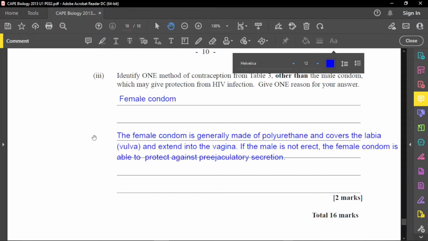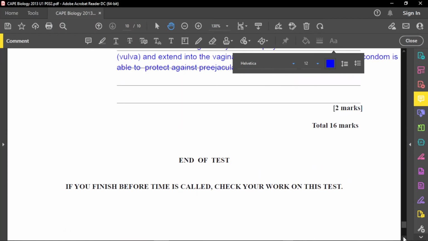With the female condom, whether the penis is erect or not, any bodily fluid, prejaculatory fluid, or even ejaculate can be captured inside the female condom, preventing contact with or mixing of bodily fluids. Hence it will protect the female from contracting HIV or any other STDs. So this is the end of the review.